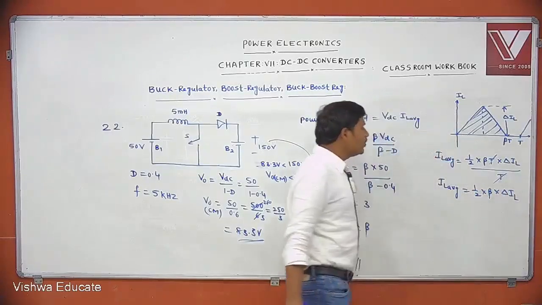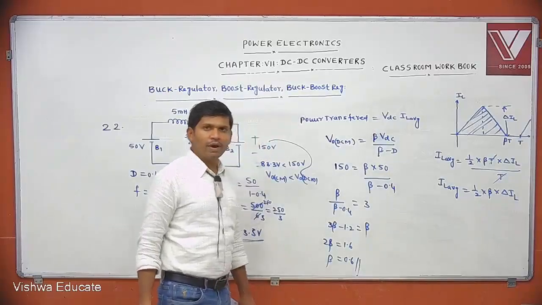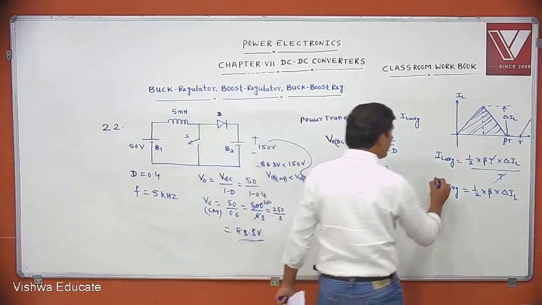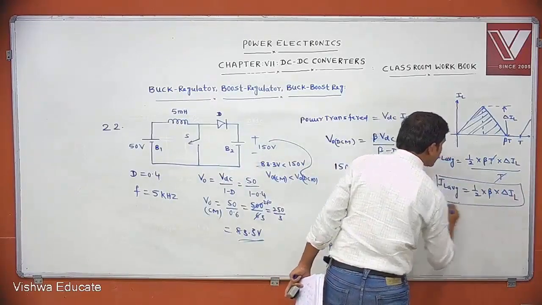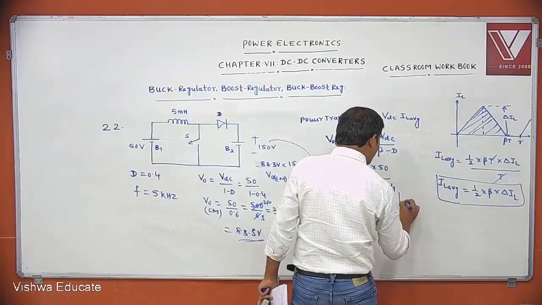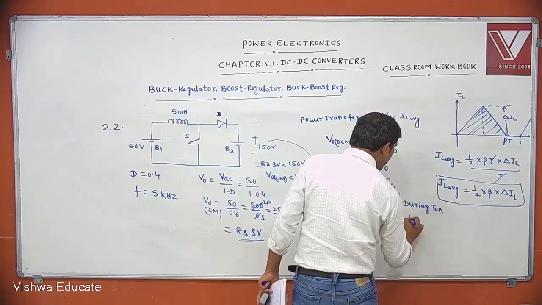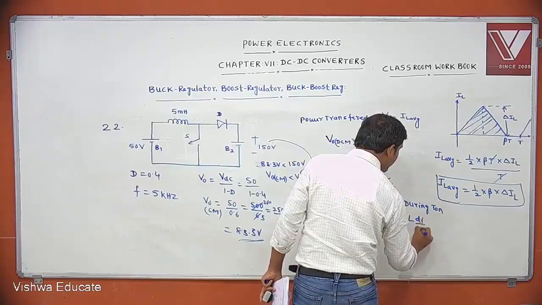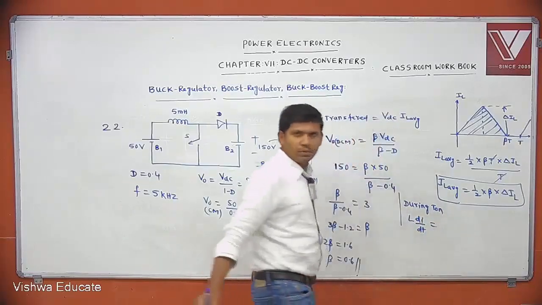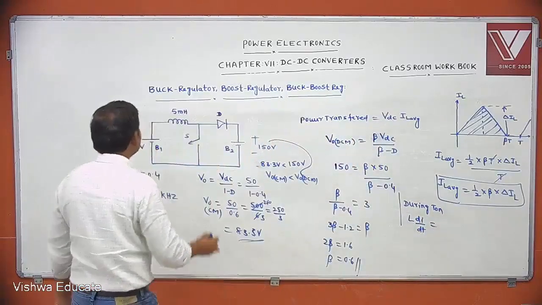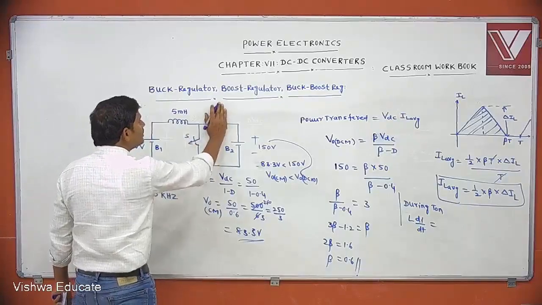That means to find IL average, first you need delta IL. How to calculate delta IL? Go for during T on. During T on, L into di by dt. The switch is on, which means the diode is off.